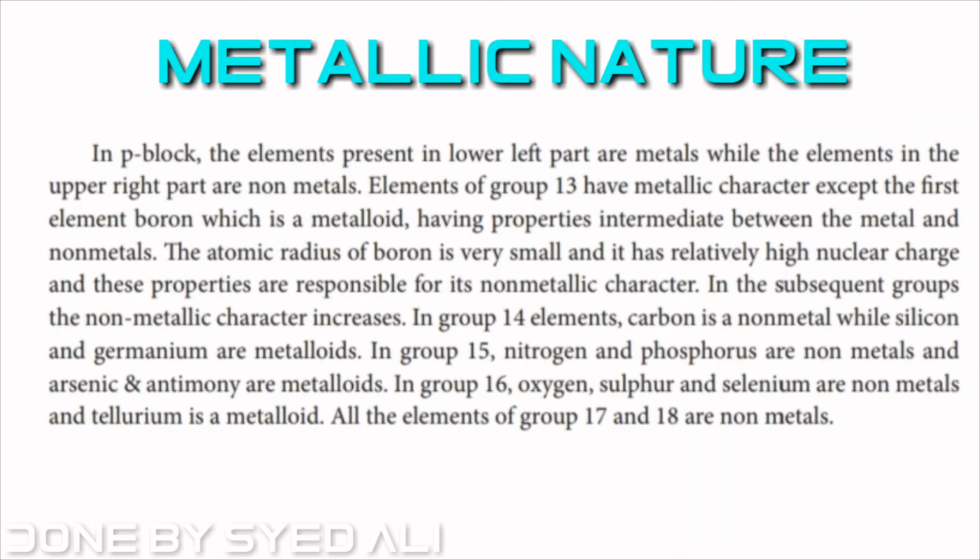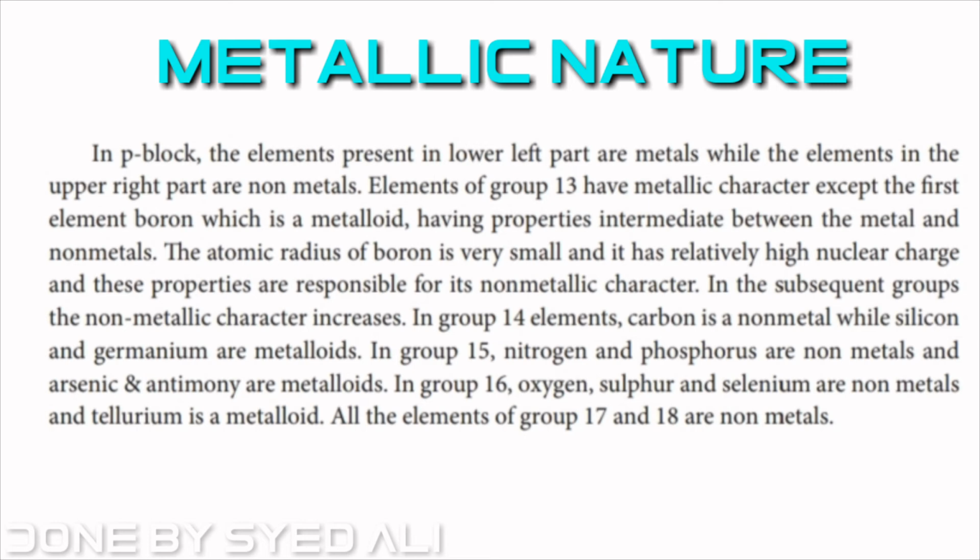In p block elements, the elements present in the lower left part are metals, while the elements in the upper right part are non-metals. That is what we discussed in the 11th standard.